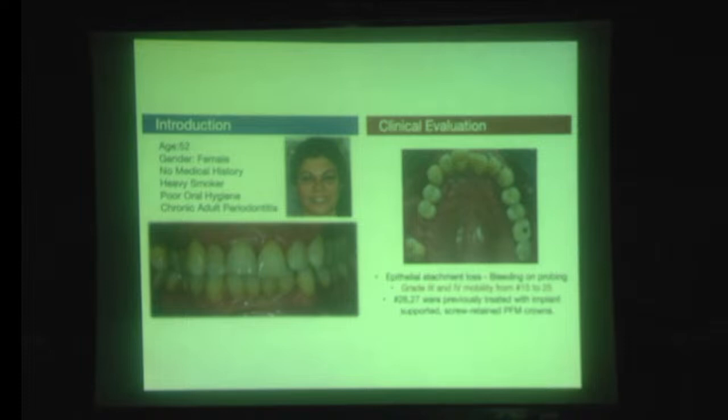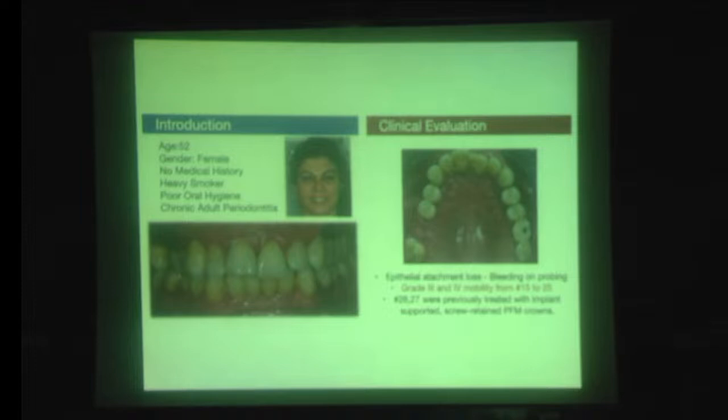They are hopeless teeth, because there was an epithelial attachment loss and bleeding on probing, and the mobility was 3 to 4. So, you know, my dear friend, in this case sometimes extraction is the most correct way to achieve our goal.